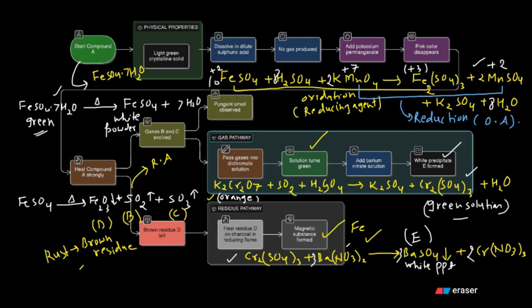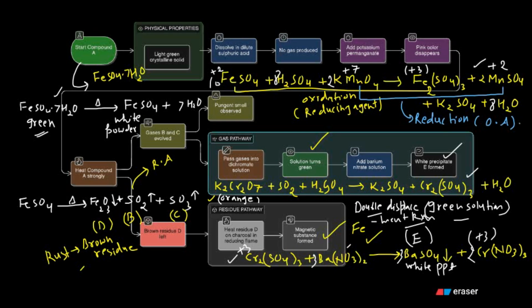Earlier it was in +3 oxidation state, and again it is in +3 oxidation state. So there is no redox reaction; this reaction is a double displacement reaction. Double displacement means your salts are exchanging ions, nothing else. So there is no problem up to this point.